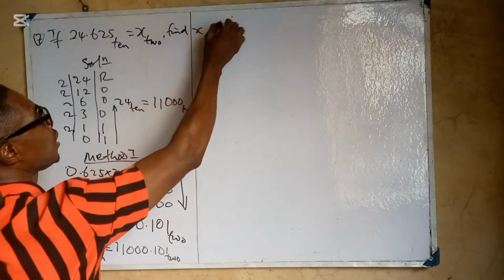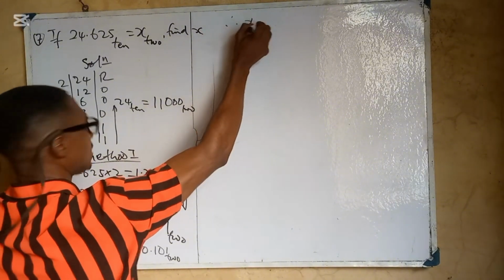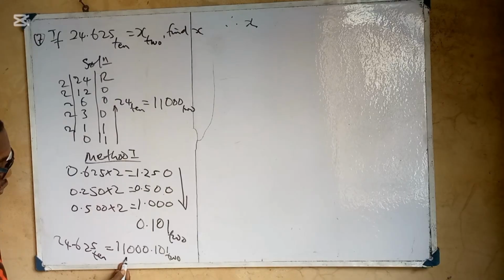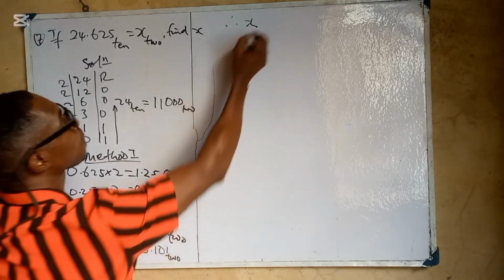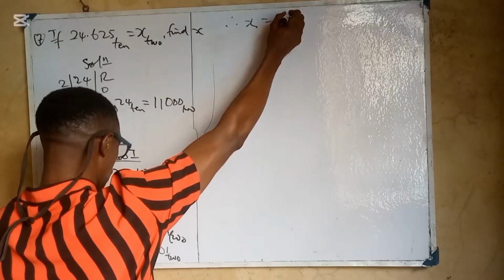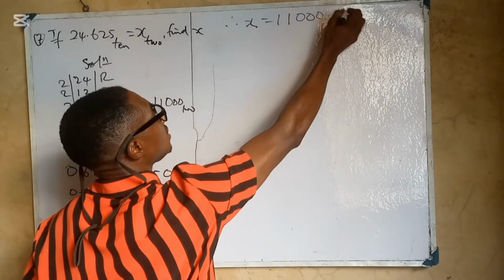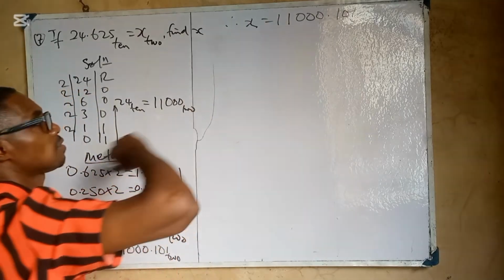Therefore, we can say that x here is converted to base 2. So x is in base 2. x is equal to 11000.101. That's the value of x.